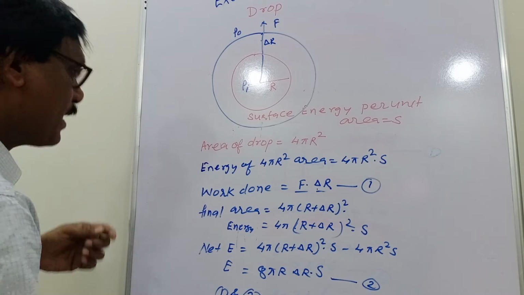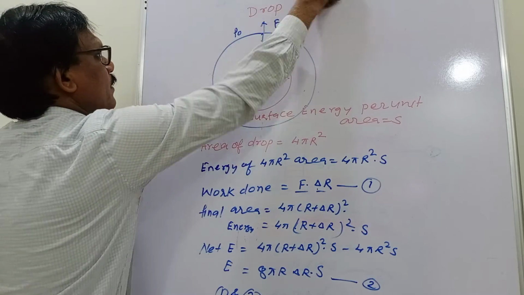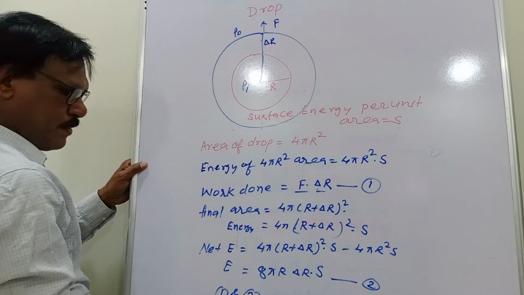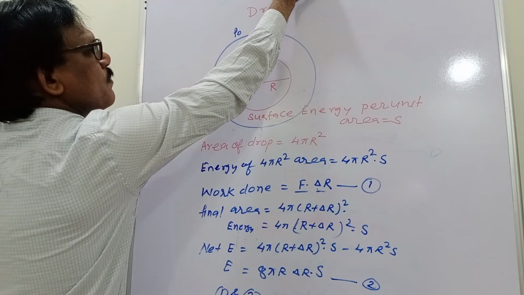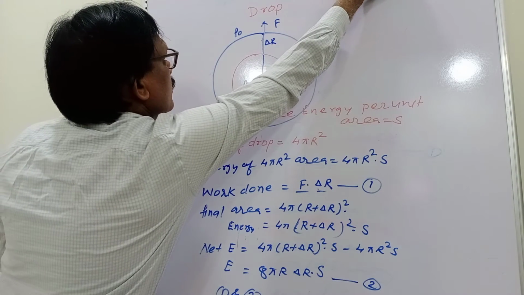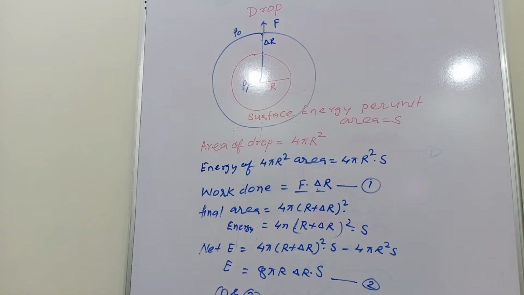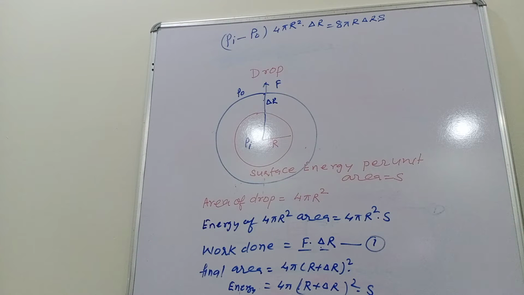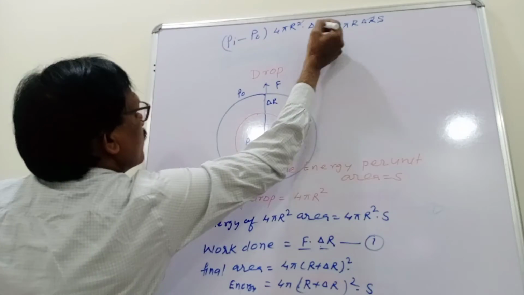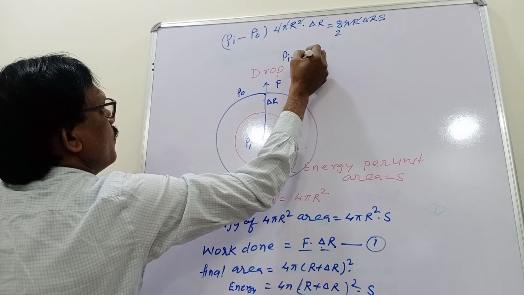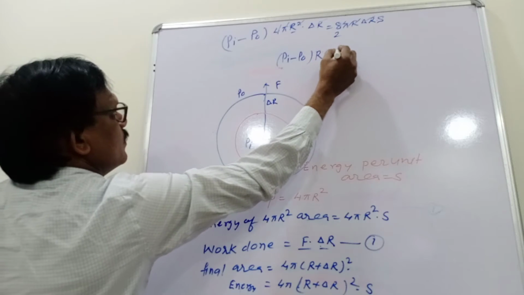But what is P? P is the excess pressure. So we can write P as Pi minus P0, so (Pi minus P0) into A, where A is 4 pi r square, into delta r, is equal to 8 pi r delta r into S. So we can cancel: delta r will cancel, one r will cancel, pi will cancel, and 4 into 2 will cancel. So only 2S remains, and (Pi minus P0) into one r remains.